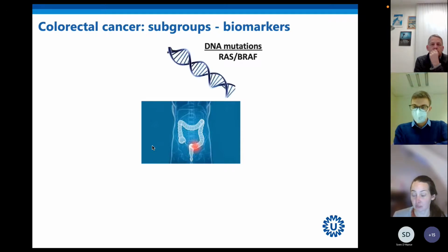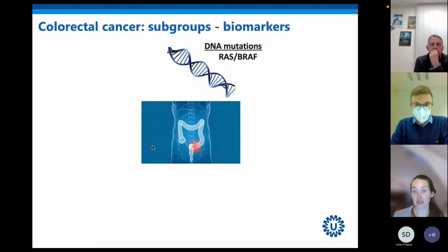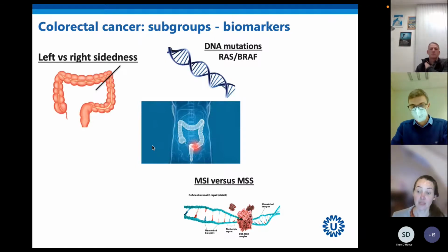Of course, DNA mutations are responsible for important subgroups, and it's mainly RAS and BRAF mutational status which determines predictive and prognostic value. Also, microsatellite unstable versus microsatellite stable tumors. Tumor sidedness, so the location of the primary tumor, still matters in metastatic disease.